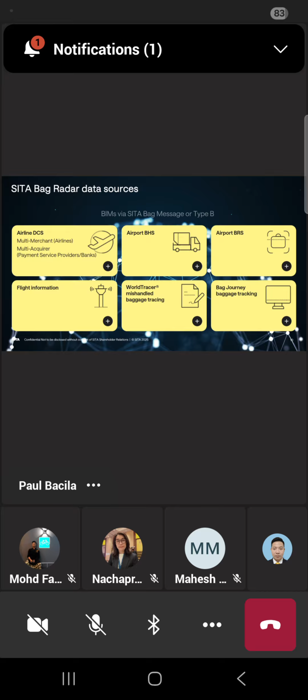We can digest this data, so you are not blocked to get insights only based on SITA data, because even if you have a BRS from a third party, you are entitled to get the data. So you can always ask to reroute it to Bag Message, and it's a standard IATA message format, and we can provide the insights. That's why I mentioned at the beginning that we can provide network-wide insights as long as we have the data.